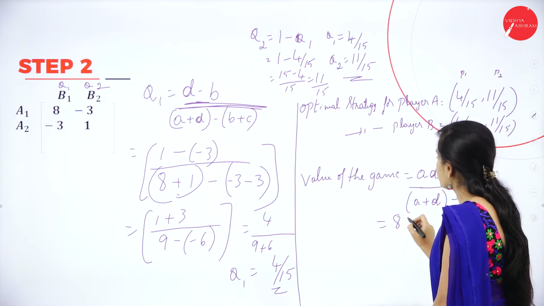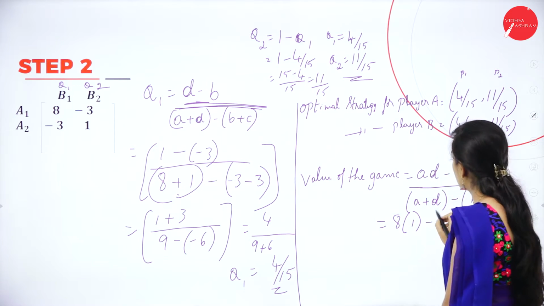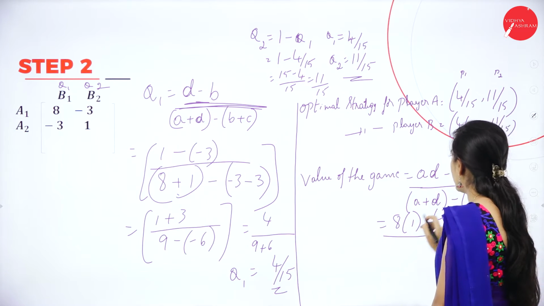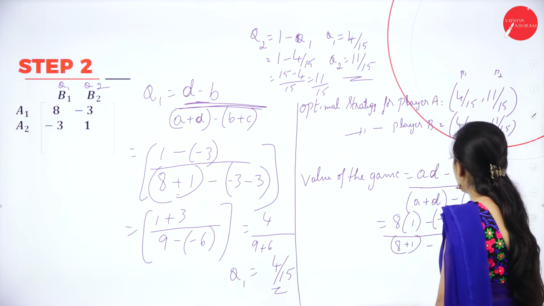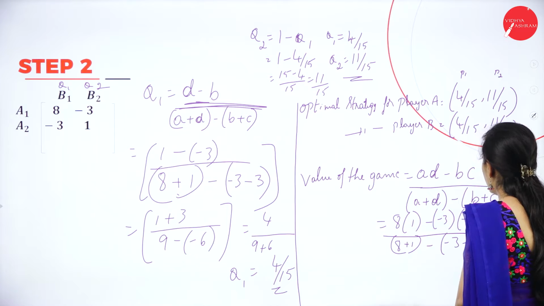A is 8, D is 1, B is minus 3, C is also minus 3, divided by A plus D, which is 8 plus 1, minus B plus C, which is minus 3 minus 3.